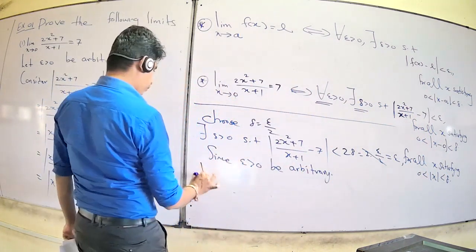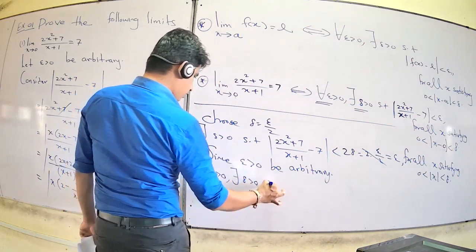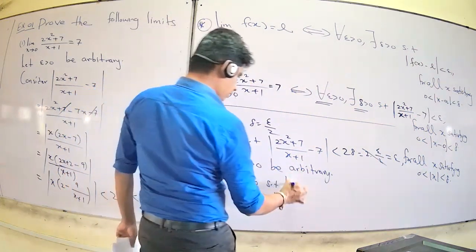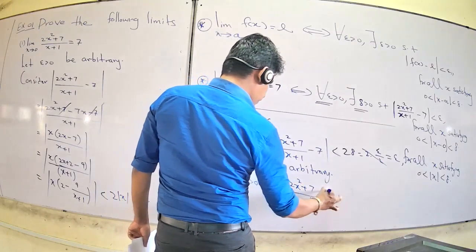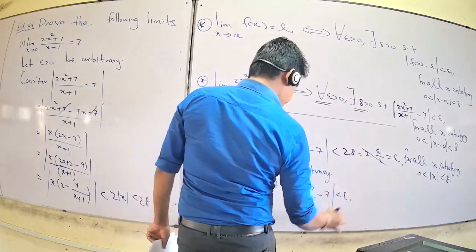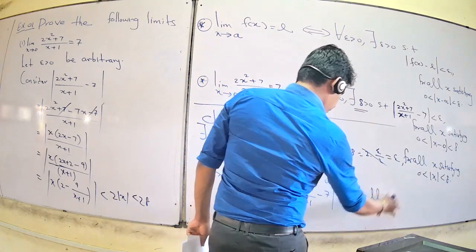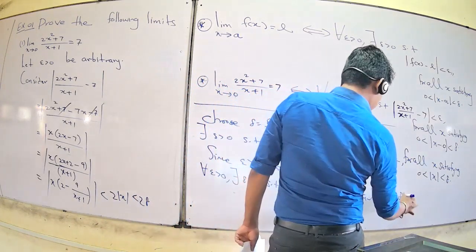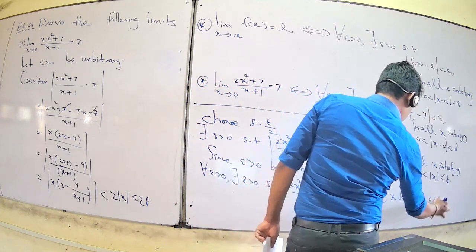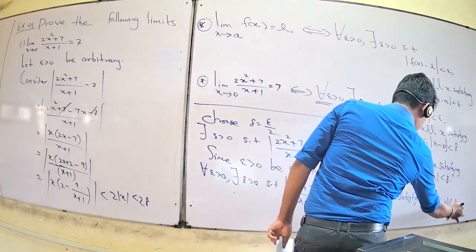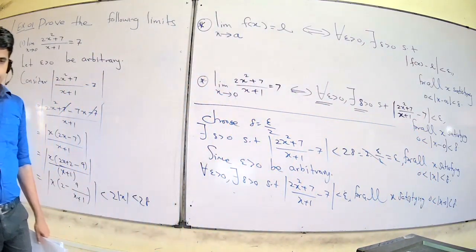That means for all epsilon greater than 0, there exists delta greater than 0 such that modulus of (2x squared plus 7) over (x plus 1) minus 7 is less than epsilon for all x satisfying 0 less than modulus of x minus 0 less than delta.